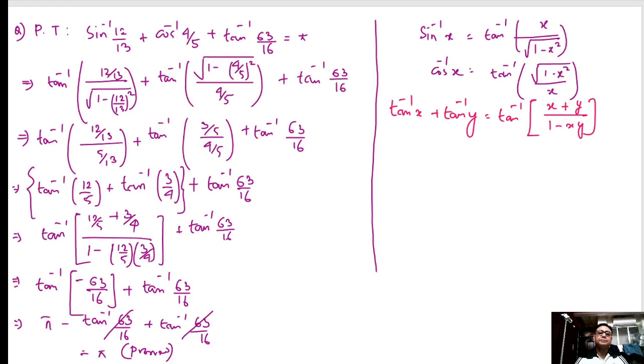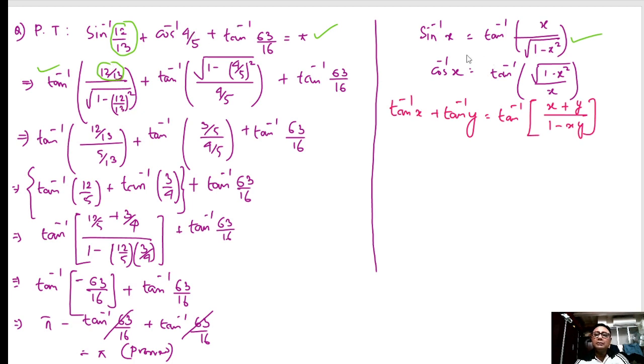Similarly, let's see the next. Sine inverse 12 by 13 plus cos inverse 4 by 5 plus tan inverse 63 by 16. We have to prove that it is pi. So let us use the formulas one by one. Sine inverse x can be written as tan inverse x by root over 1 minus x square.